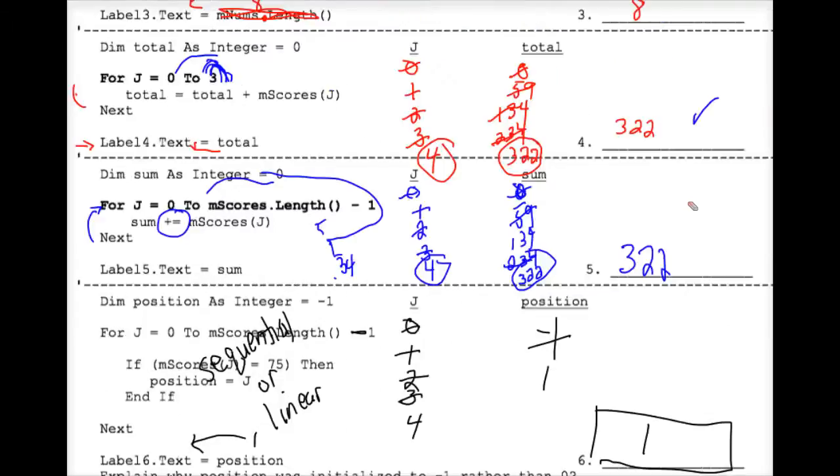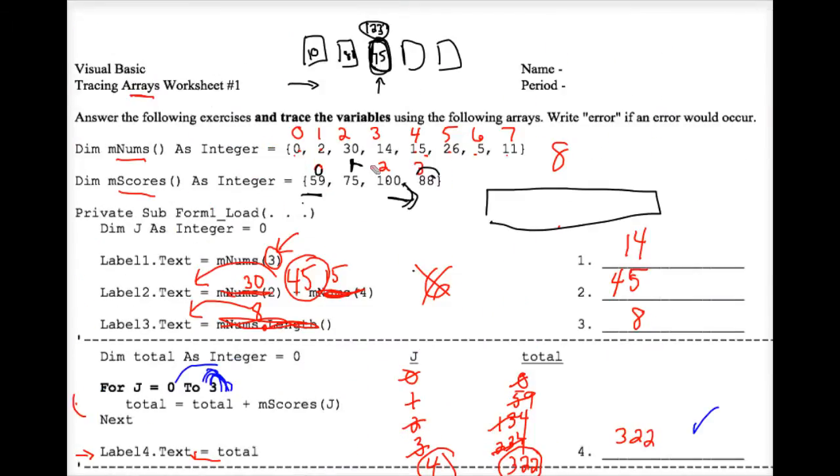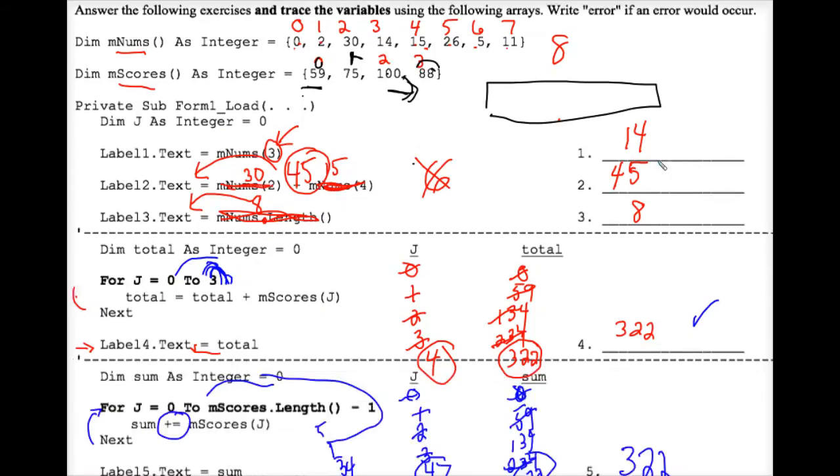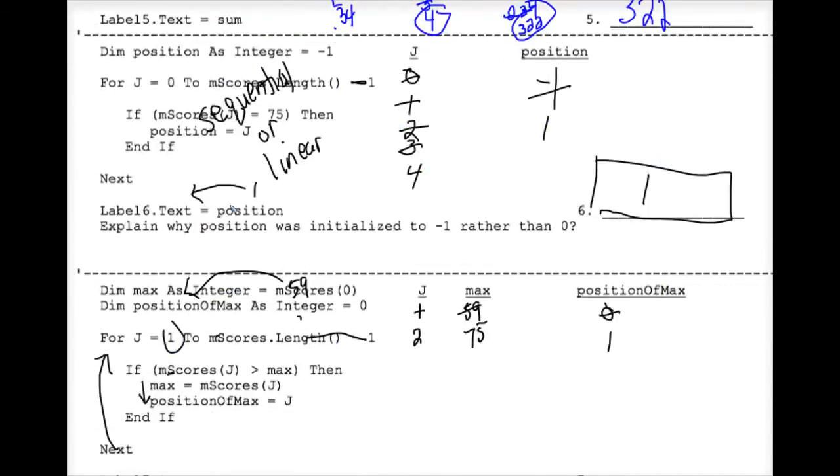whatever number is in position 2, this 100, is greater than max. Max is currently 75. True again. So let's execute these two lines of code.